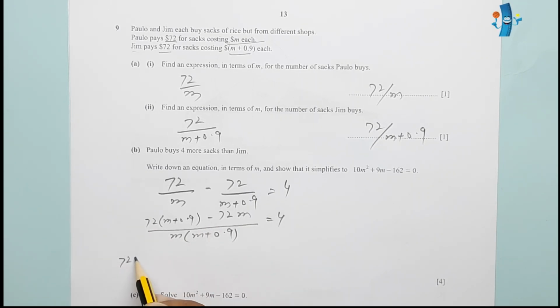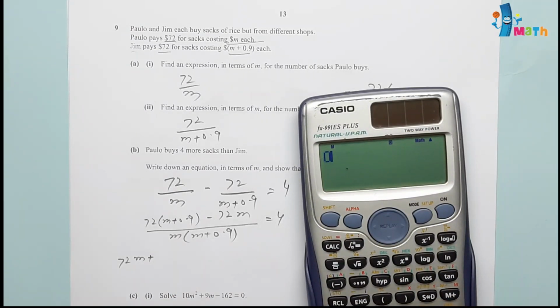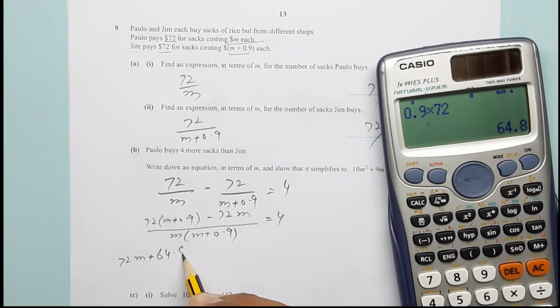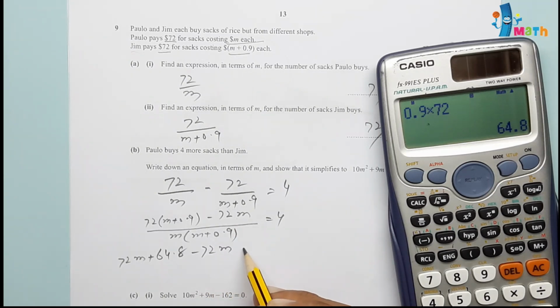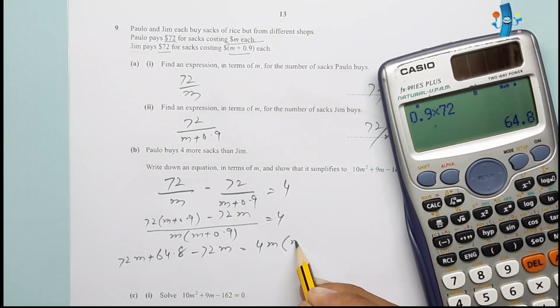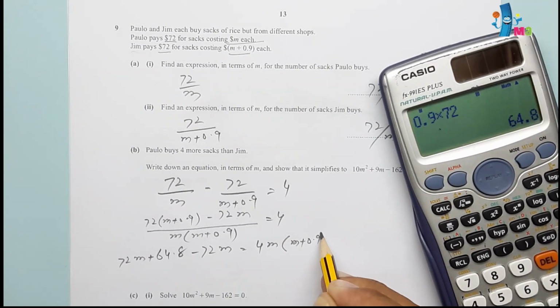So 72m plus 0.9 multiplied by 72 will be equal to 64.8. So this will be 64.8. We have multiplied this and written here, minus 72m. This one will be equal to 4 multiplied by this, 4m into m plus 0.9.